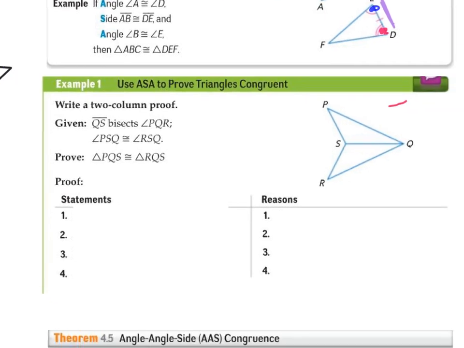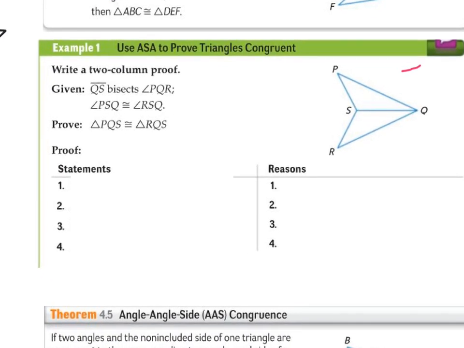Now, moving on to the proof. We need to use ASA, angle, side, angle, to prove that these triangles here are congruent. So I'm going to look at the information they give me. They tell me that QS bisects angle PQR. PQR is this blue angle right here.